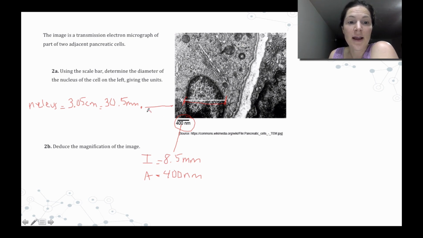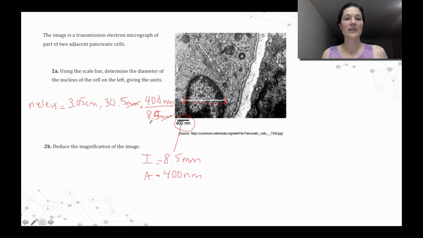So I'm going to say 8.5 millimeters in my drawing, right, which is going to cancel out. This was 30.5 millimeters in the drawing, is equal to, oh, whoops, why did I change that to 8.4? 8.5 is equivalent to 400 nanometers in real life. So I'm going to cancel those units.